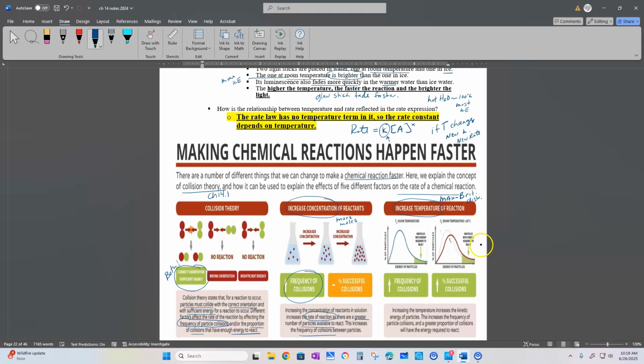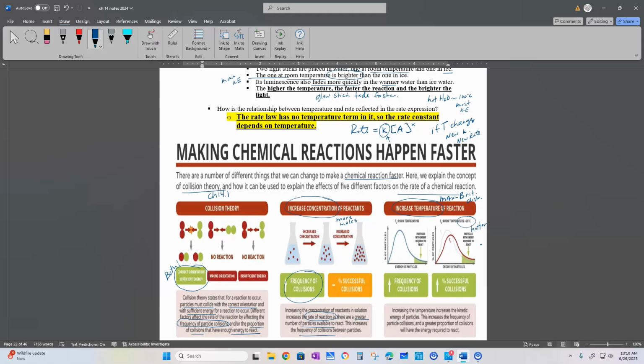So with temperature 1 versus temperature 2, say for temperature 2 we added 20 degrees, which means it's hotter. Look at the particles with the energy required to react.